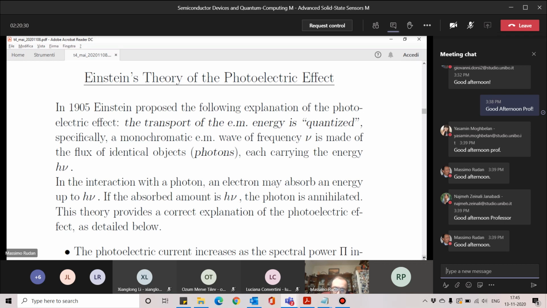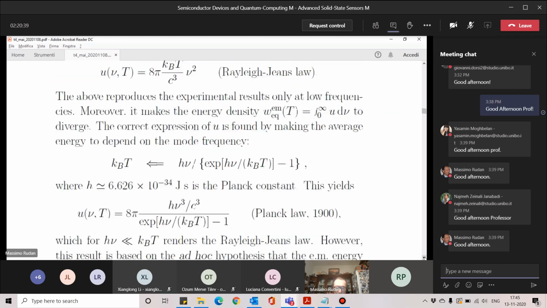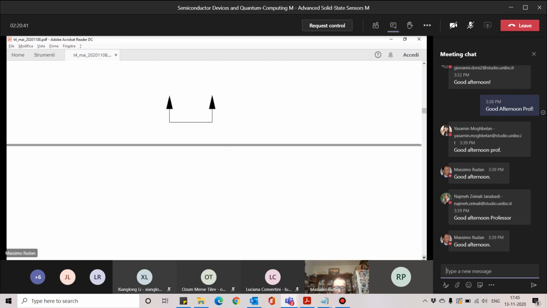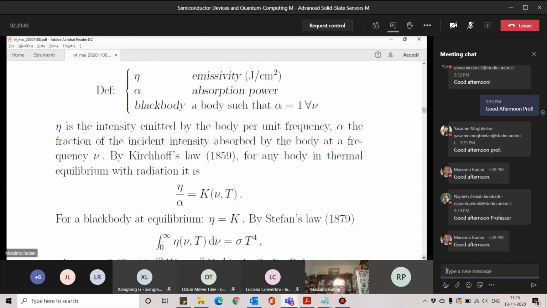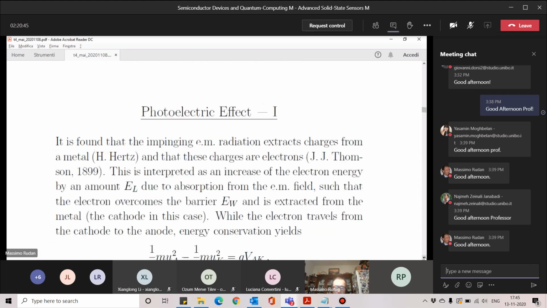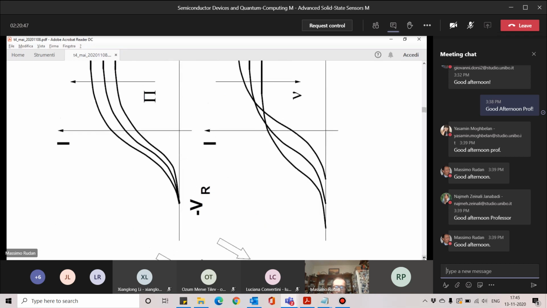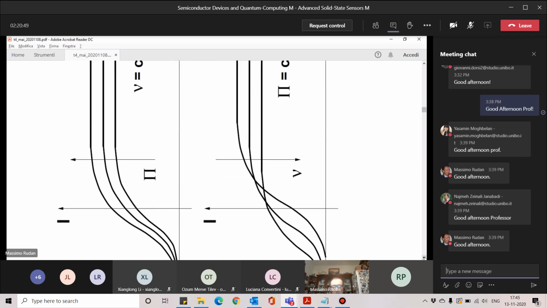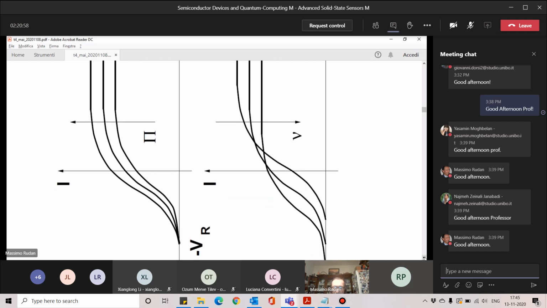And this explains completely the photoelectric effect. It also explains why the curves, you remember in the second experiment, the curves intersected each other. Let me go back. Here. You see on the right, the curves intersect each other. Why?